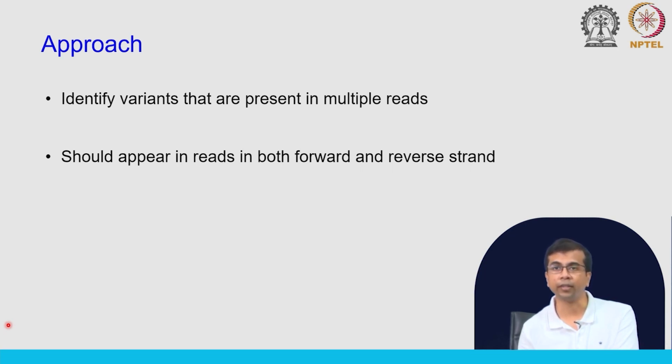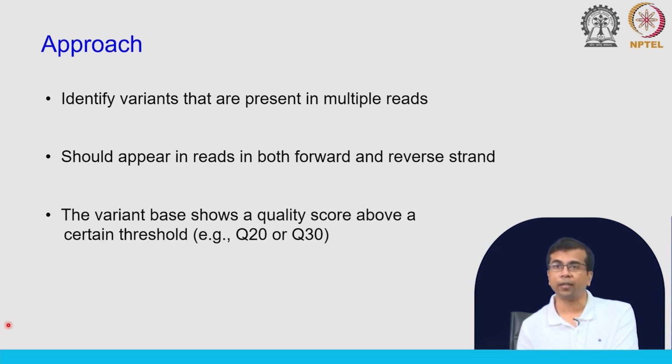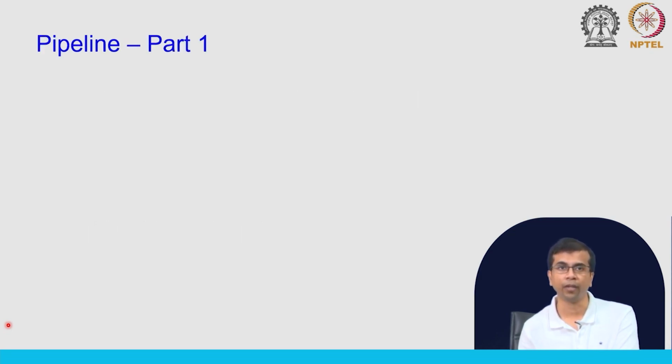There should not be any strand specific bias. This is very important. The variant should also show a quality score above a certain threshold, and we can set these thresholds. For example, we can choose Q20 or Q30, a score of 20 or 30. If you want to be stringent, we put 30, otherwise we put 20. Again, this can be varied, and it is up to you how stringent you want to be.